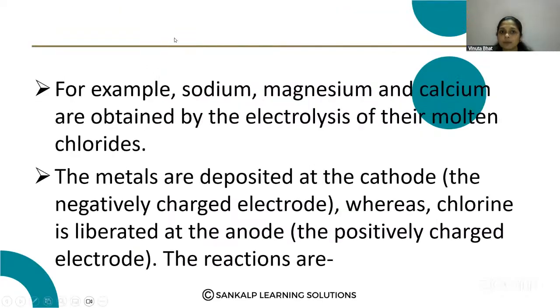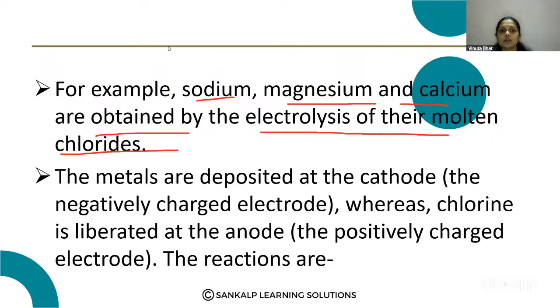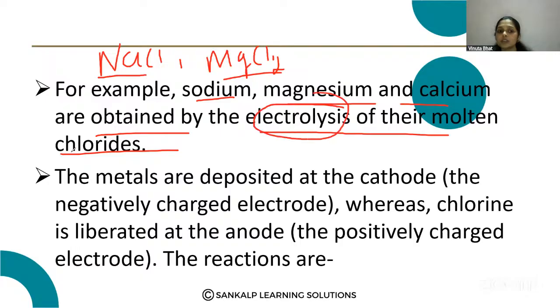For example, sodium, magnesium and calcium are obtained by the electrolysis of their molten chlorides. So here sodium chloride, NaCl, magnesium chloride, calcium chloride. Pure sodium and pure magnesium are obtained by electrolysis of their molten chlorides.